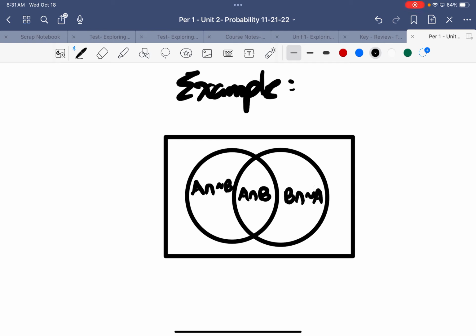So not A is everything outside of A, regardless of whether it's in B. Not B is everything outside of circle B, regardless of whether it's in A. And again, whether it's a union or intersection, doesn't matter. We're still merging the two Venn diagrams.